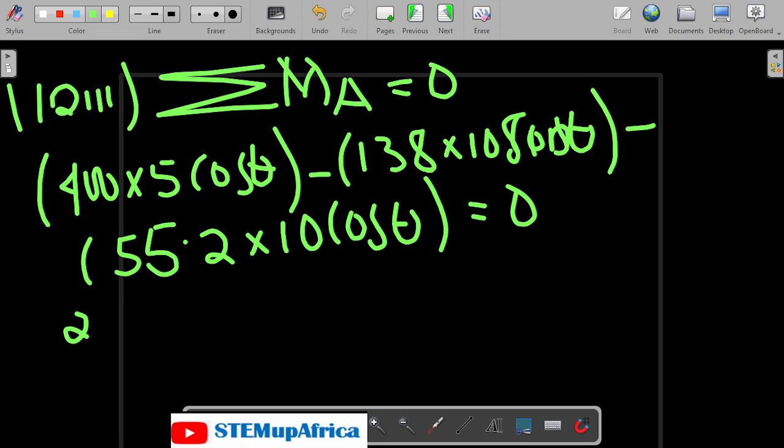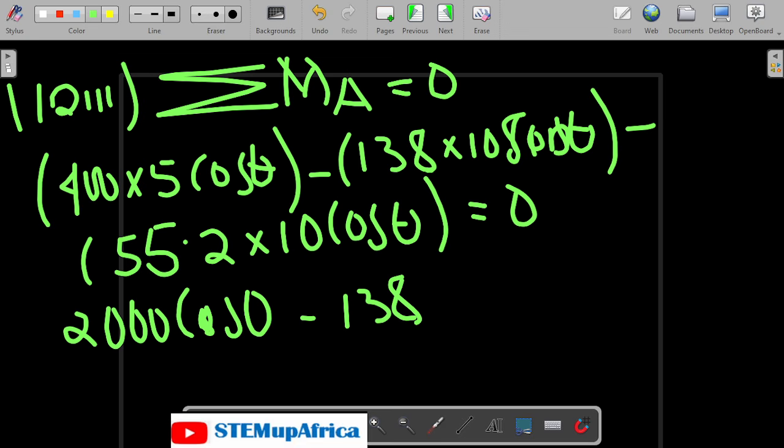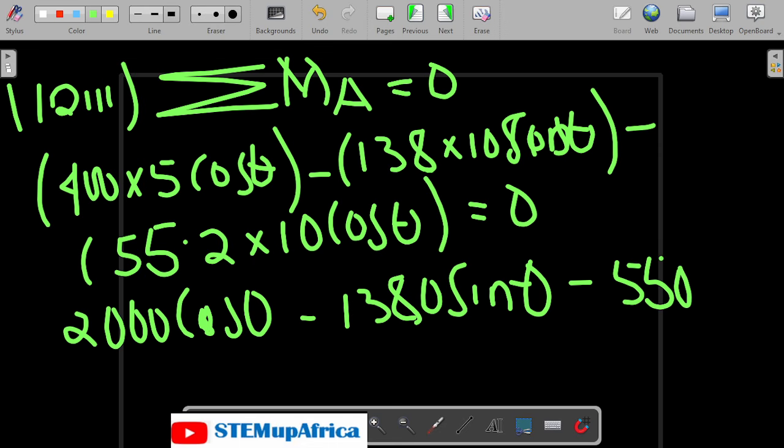So here will give me 2000 cos theta, then minus 1380 sine theta, minus 552 cos theta equals 0, since 55.2 times 10 is 552.